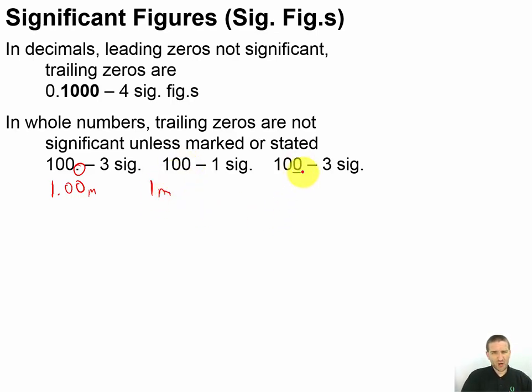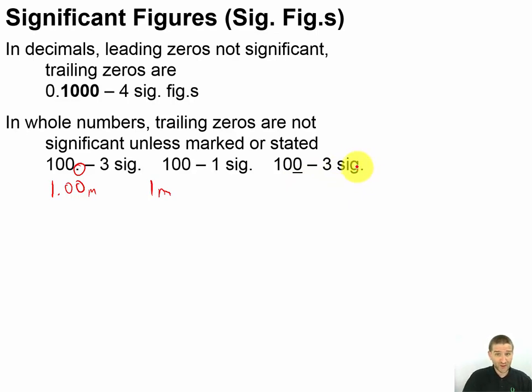Now, there's other ways of marking it too. Sometimes we'll underline the value. We don't want to use an overbar because that looks like infinitely repeating from math. But some people will underline the value, but that can be confusing, so we rarely will use that context. You can also just write known to 3 significant figures.